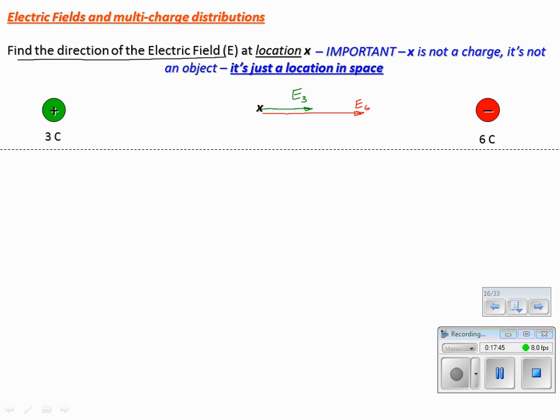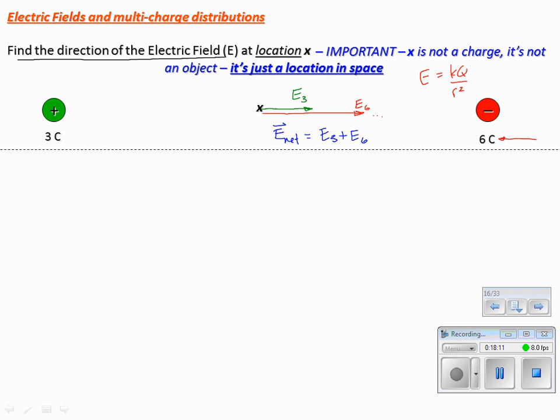And because it goes as KQ over R squared, if this 6 Coulomb charge is twice as strong as the 3 Coulomb charge, it's going to make a field twice as strong. That's why this vector is twice as long as the green one. So our E net here is E3 plus E6, because they point in the same direction.